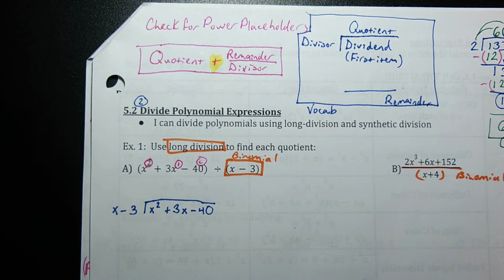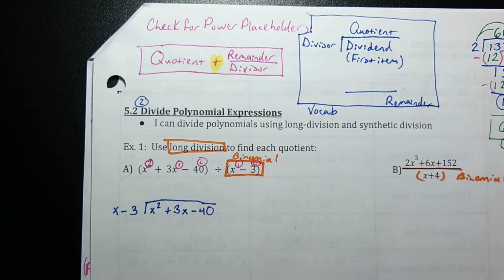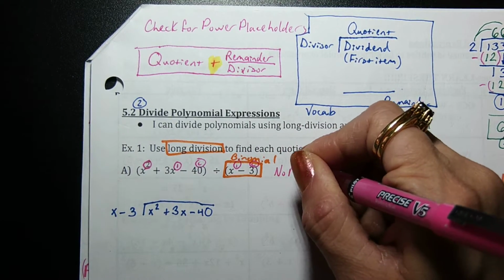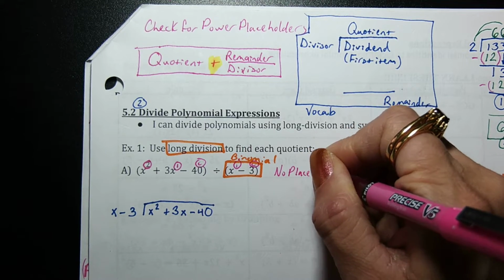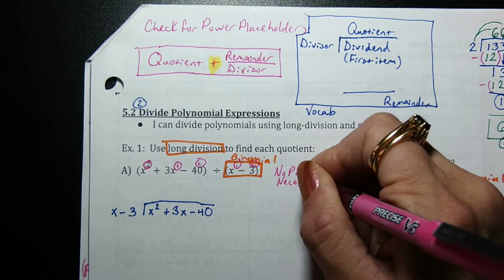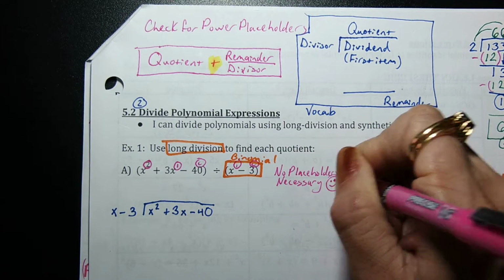Everybody's covered. There are no powers being left out. In our binomial, we go from a power of 1 to a constant. That's all good too. So just put a note, no placeholders necessary. All of our powers are covered.